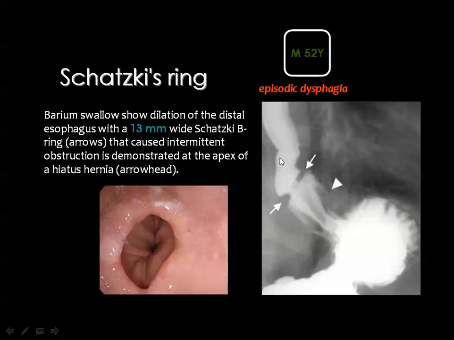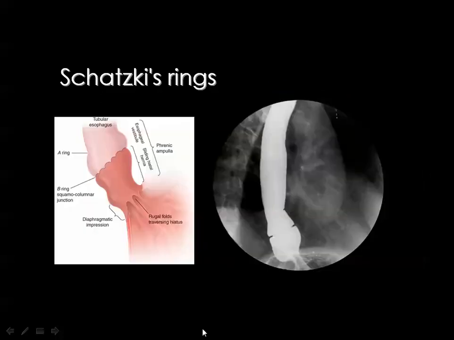This is the typical appearance of the Schatzki ring, and you see the ring here, and this part is part of the stomach, which is located above the diaphragm, diagnostic of the commonly associated hiatus hernia. This is also an example of the Schatzki ring, and this is the site of the ring itself.